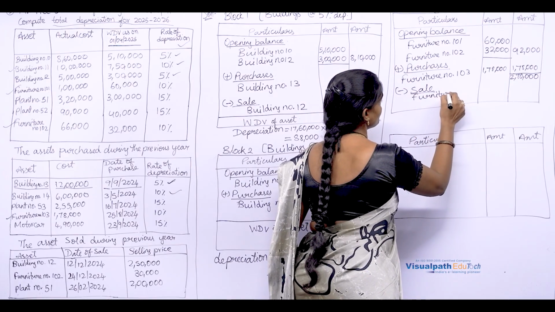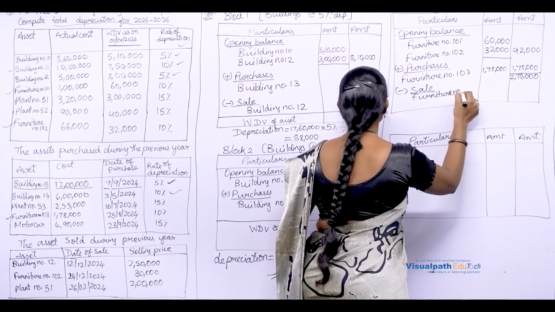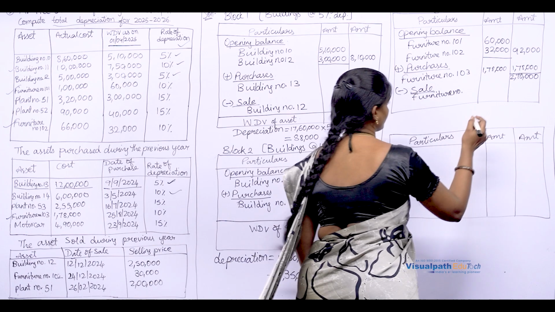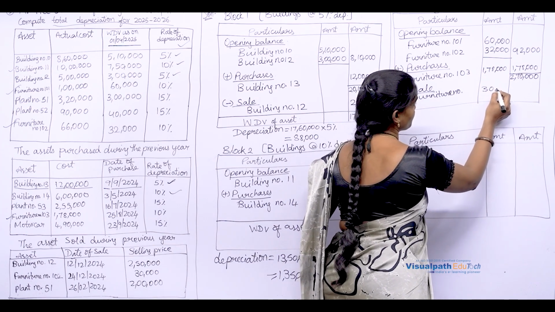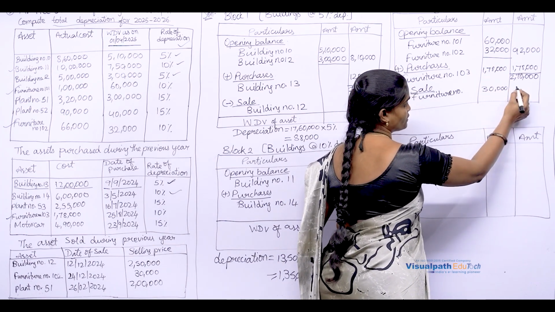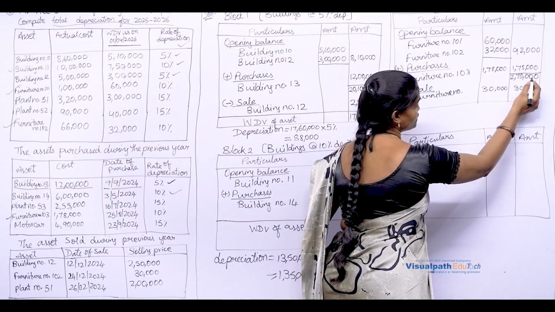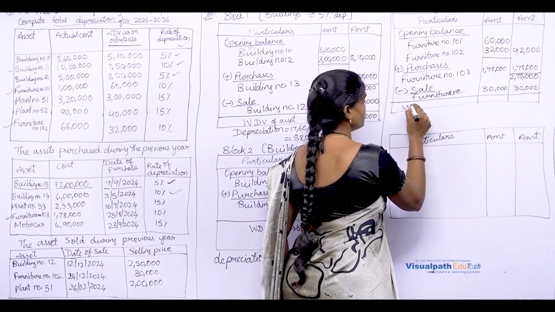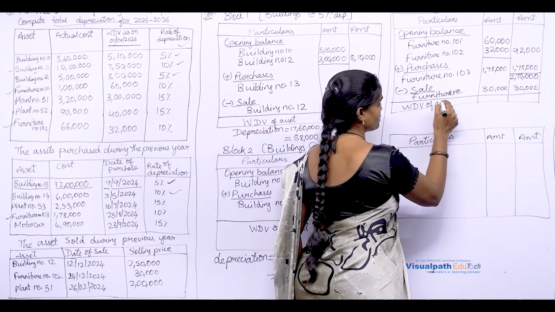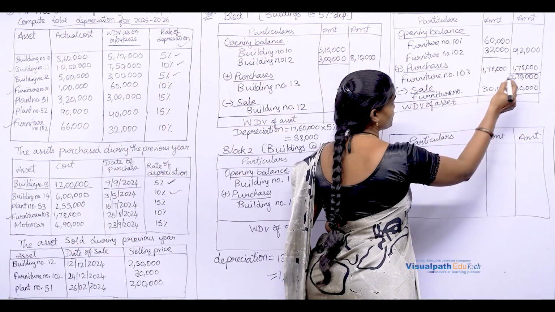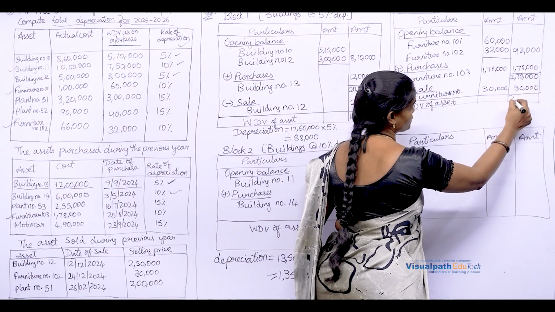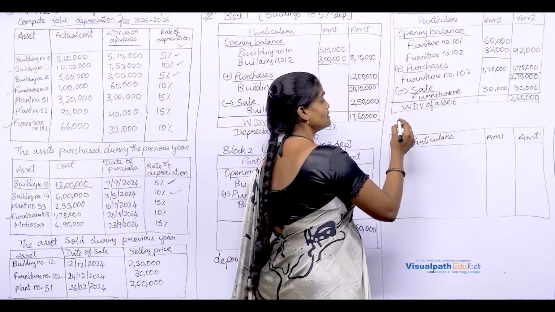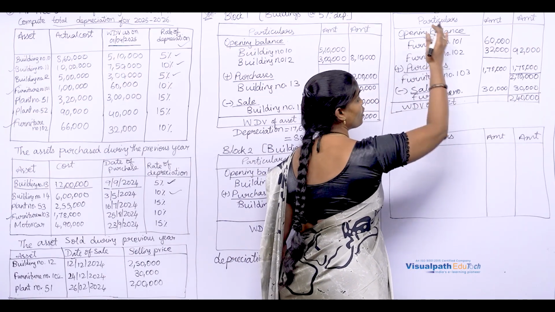Furniture number 102 is sold for 30,000. Write the amount in the outer column. 2,70,000 minus 30,000 will give you the written down value of the asset, which is 2,40,000.